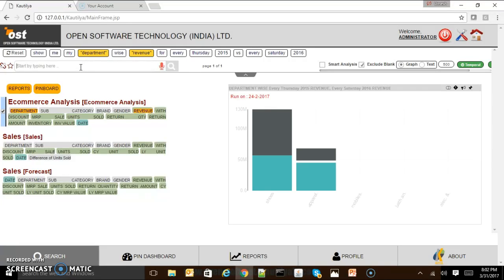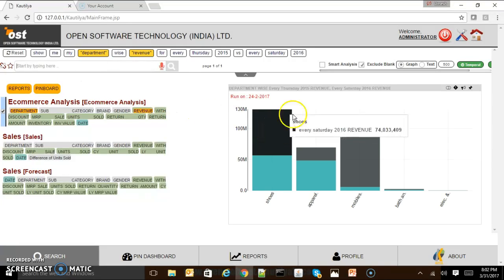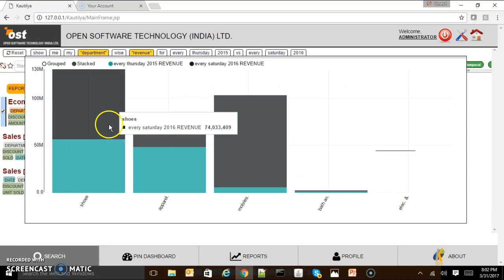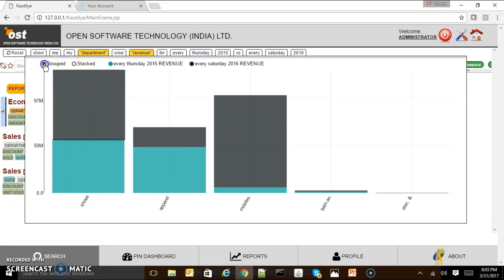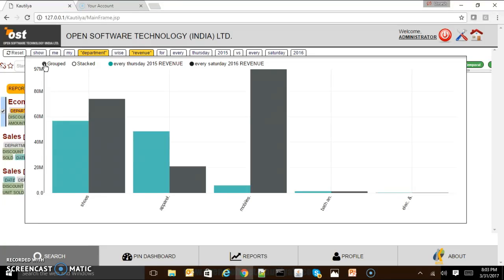So now it has to see whether it can calculate, and it does. It actually calculates that for every Thursday of 2015, what's the kind of revenue I'm getting, and then on Saturday. So now you see how much trend has changed.